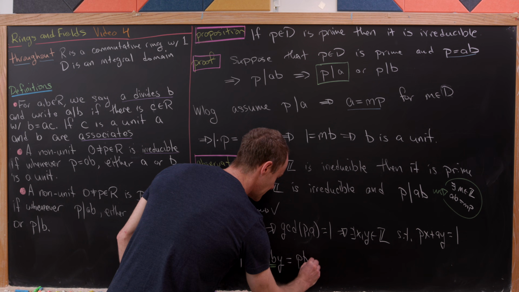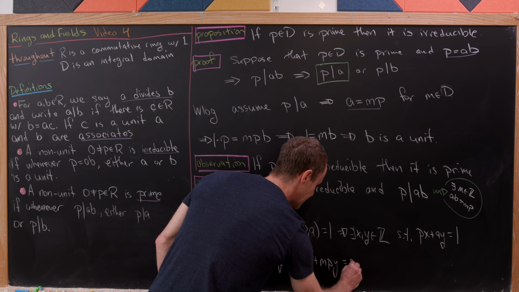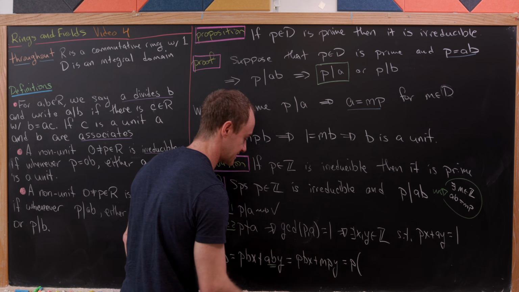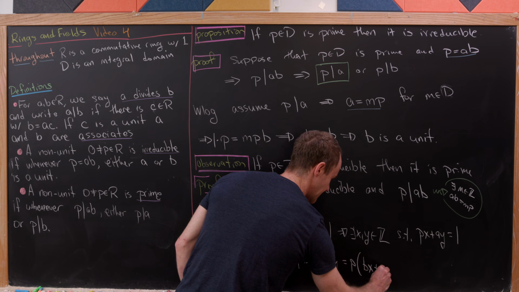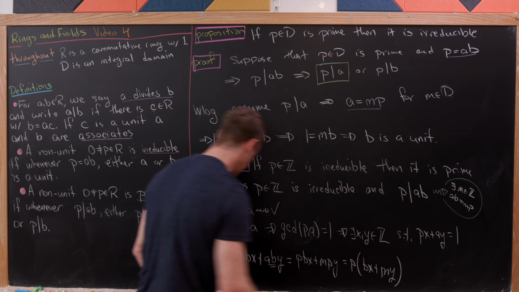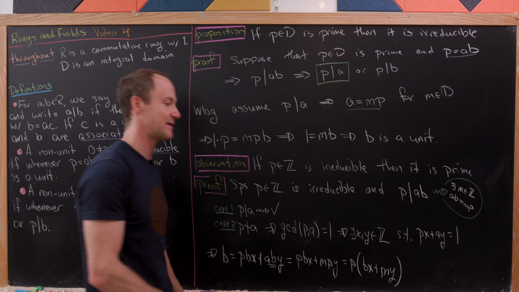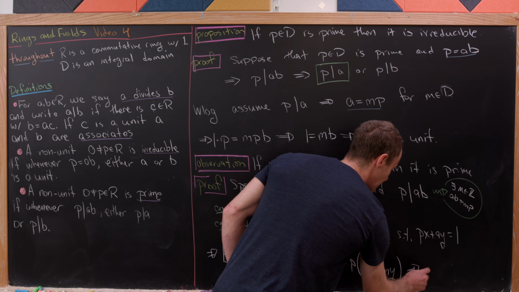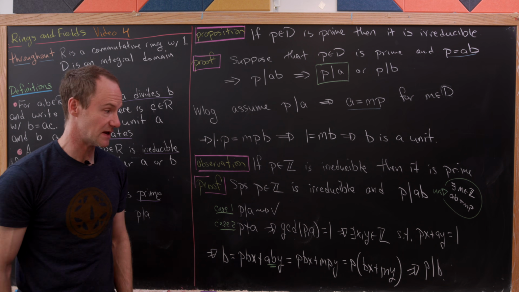So here we have pbx plus mpy. We can factor a p out of this, and we'll have what? Well, it's going to be bx plus my. But now look at this equation that we've got here. We've got b is equal to p times something. But that means that p most definitely divides b.